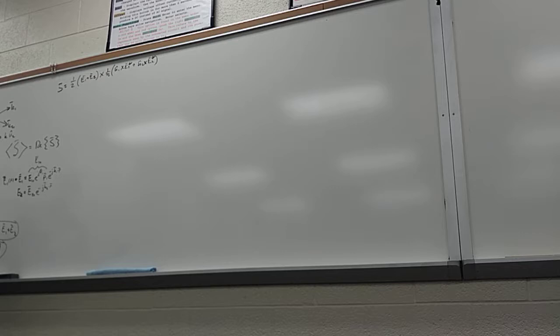Okay, so now we need to play around with this thing and get it in a form that we can extract some meaning from. So, we have 1 over 2 times eta out in front, and then we're going to have a bunch of terms.